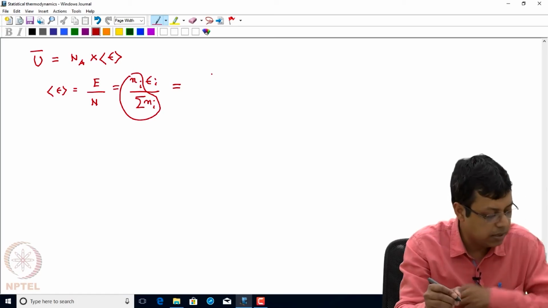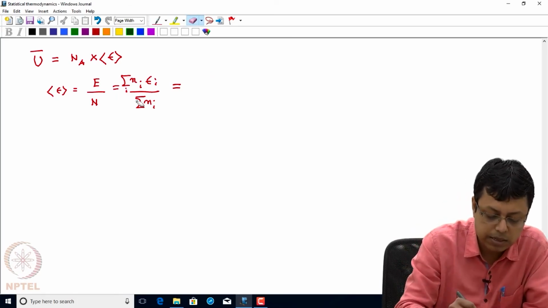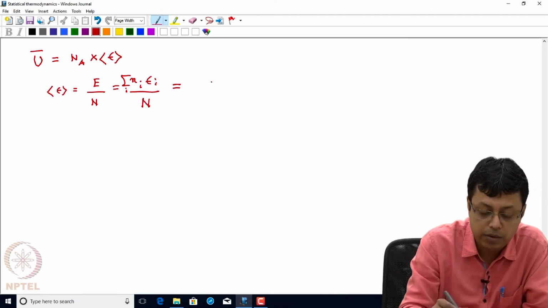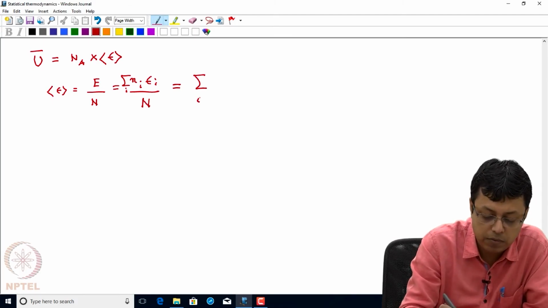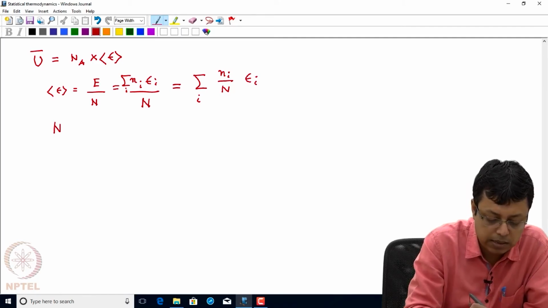So we have to take a summation here over i. Let us just keep this N as capital N, and then, watch carefully, I have a sum over i, and I am writing this N inside the summation, times epsilon_i. Of course, N is nothing but the sum over N_i.